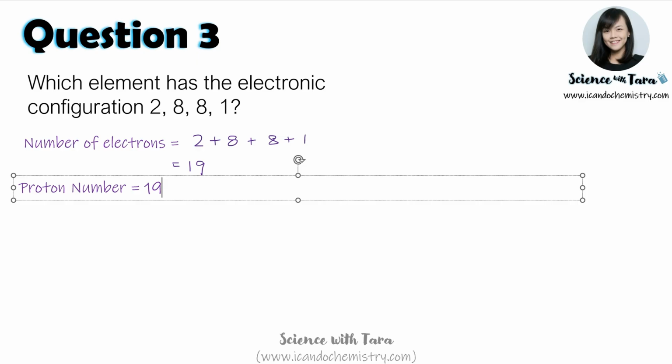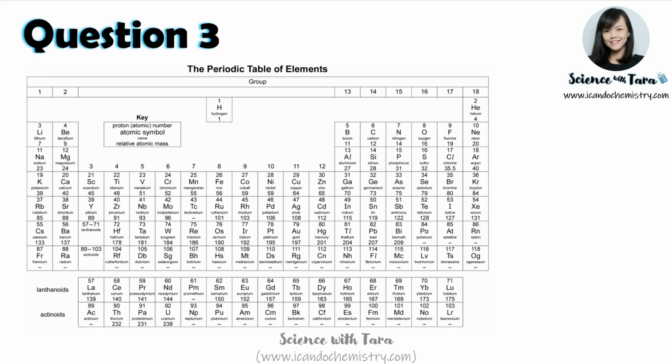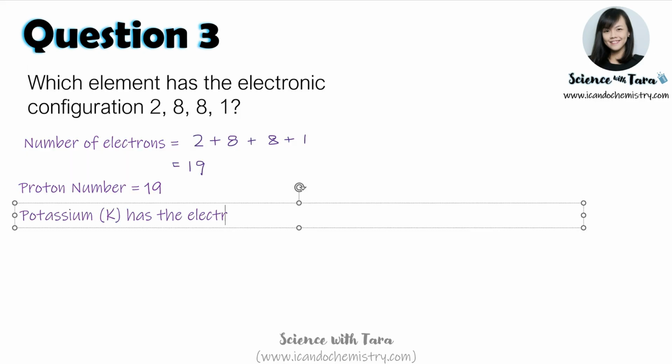Hence, the number of protons for this element is 19. Now, as mentioned in the earlier video, proton number will give the element its identity. So, let's look back at the periodic table. Which element has proton number 19? It is potassium. So, this element must be potassium.